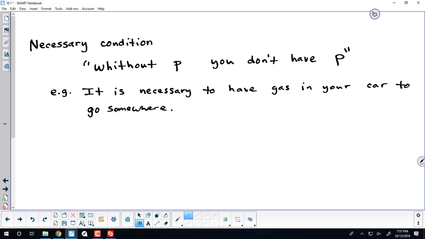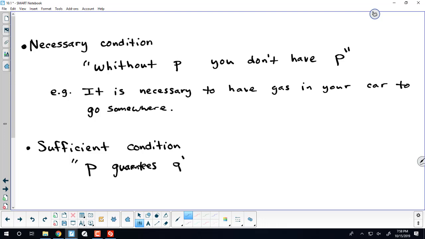Sufficient. A sufficient condition is basically saying, if you have a statement, we'll just say we use P and Q. We'll just say P guarantees Q. So see, sufficient is a stronger statement than a necessary statement.